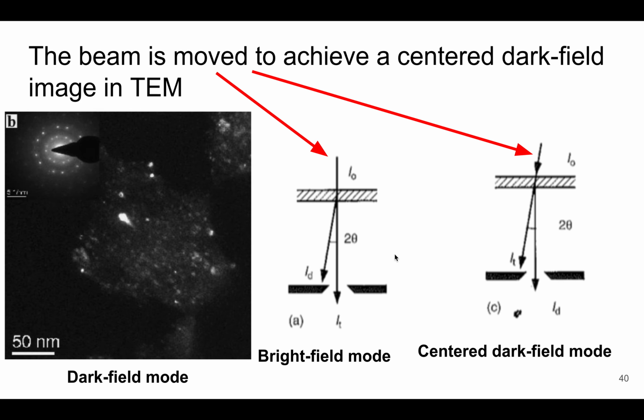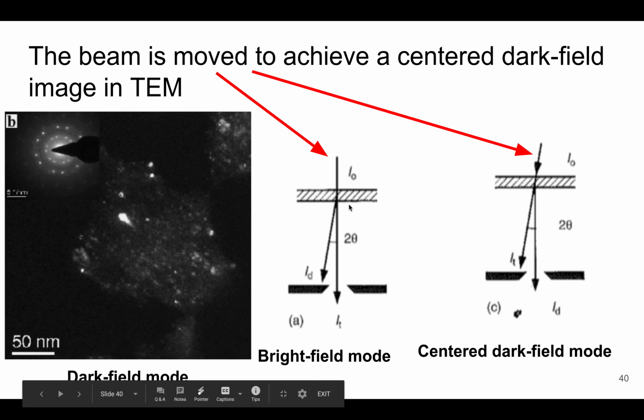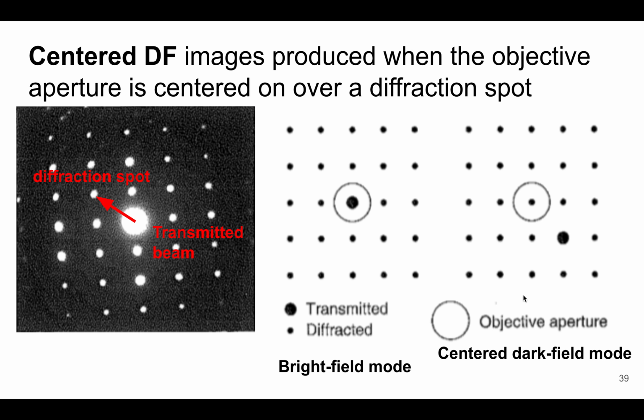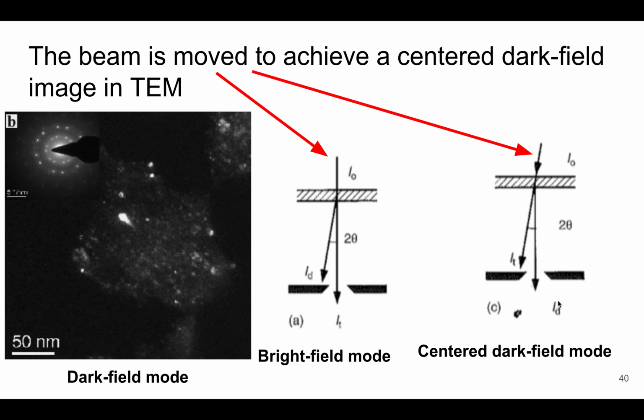So instead of the bright field configuration we saw in A, we have this dark field configuration. So the diffracted beam is now going in. If you think about this setup, anything that diffracts in this way will produce intensity because it's going through the aperture.